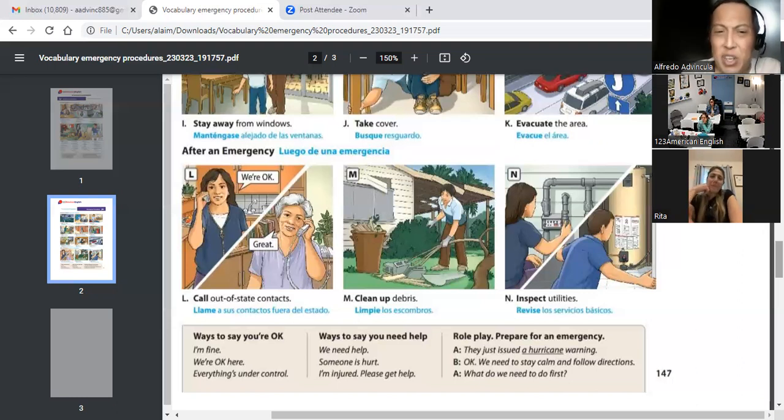What do you see in this picture in letter M, Zoila? The roof, everything is broken. He's picking the trash up. He's cleaning the grass. He's cleaning up everything. Exactly. So of course, now the disaster has passed by.